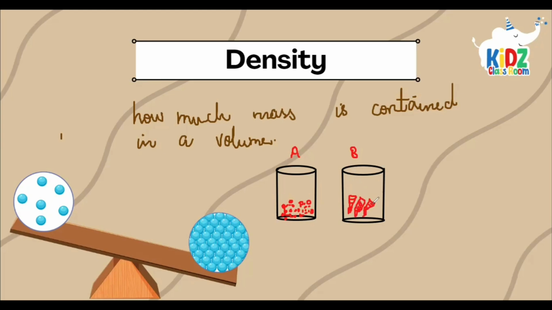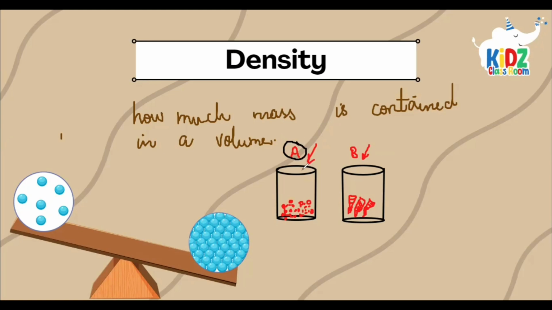Okay, now I have a question. Which jar will be the heavier one, A or B? Yes, jar A. Why jar A? Because the marbles are tightly packed, which makes the jar heavier, right?